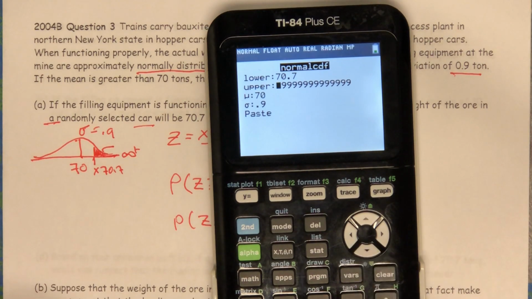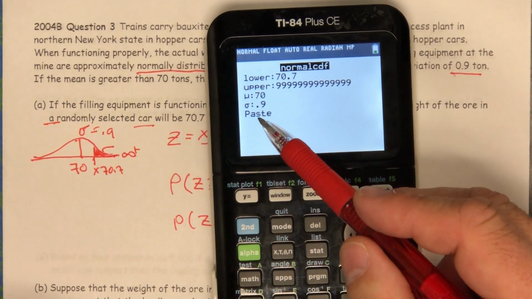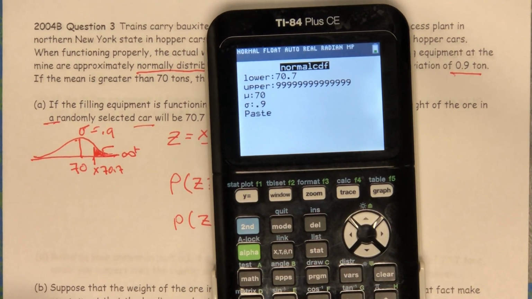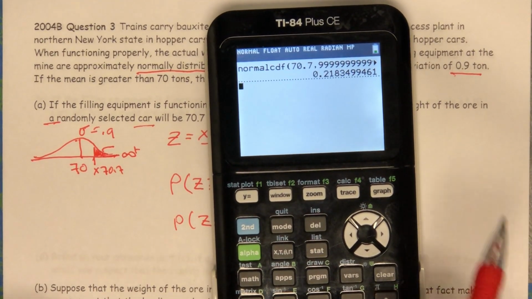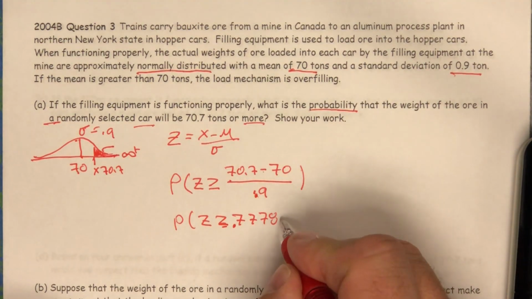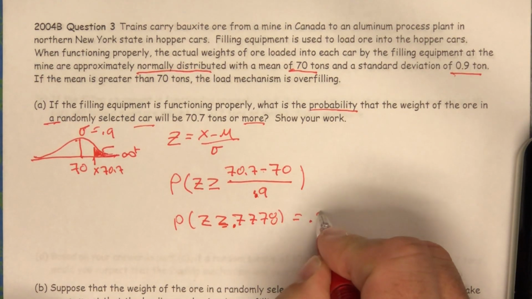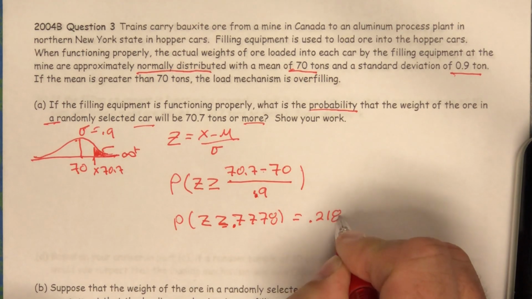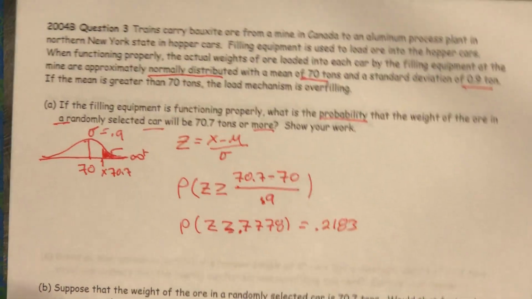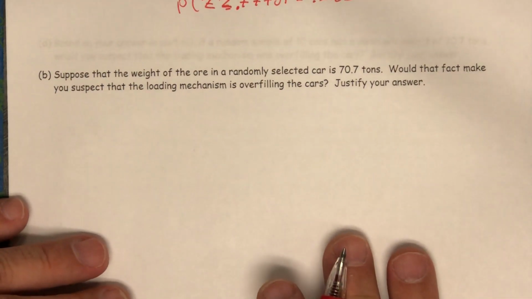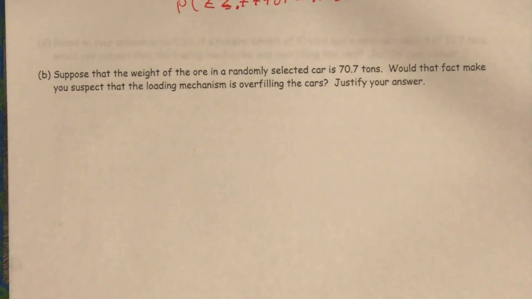My upper is 99999, all the way to infinity. My mean is 70. My standard deviation is 0.9. Press enter a couple times, and I find that the probability equals 0.2183.